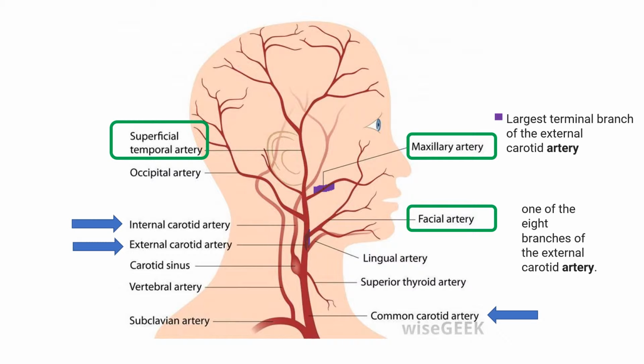The facial is just one of them, and there are a number of others. Emphasizing again, the external goes outside and the internal goes to the inside. And you have your superficial temporal artery. Usually superficial is closer towards the top, like the temple area right here.